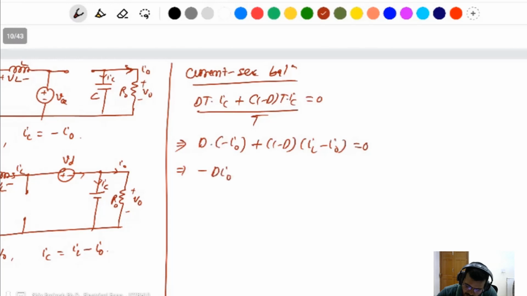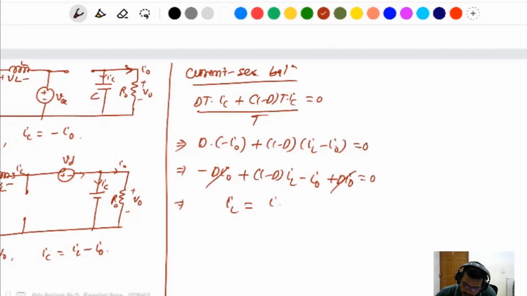Minus d I naught plus (1 minus d) IL minus I naught plus d I naught is equal to 0. D I naught will be cancelled out, then you get IL equal to I naught divided by (1 minus d), or I naught is equal to IL into (1 minus d).